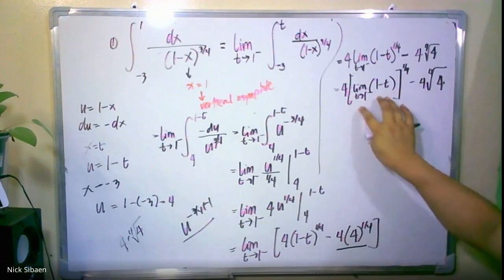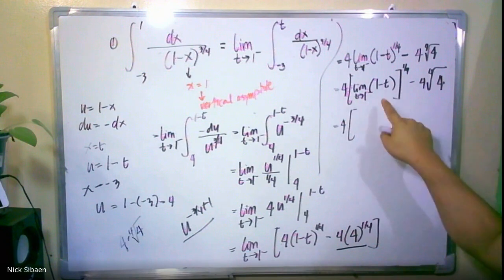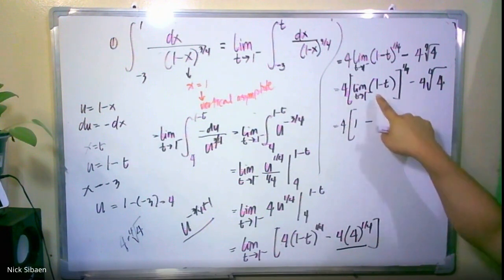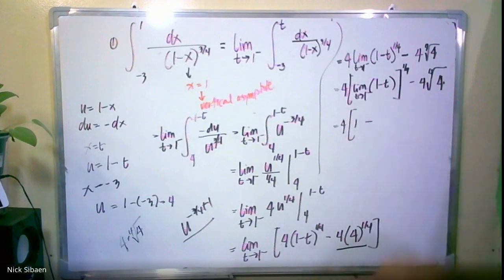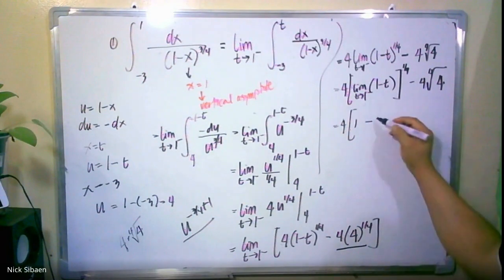So how do we evaluate now this one? This is a constant 1. So sulat na natin yung 1 dyan. Tapos, limit of t as t approaches 1 from the left. Ano yung sagot? Substitution, di ba? What is the simplest way to evaluate a limit? I-substitute natin ito sa t. So 1 minus 1.